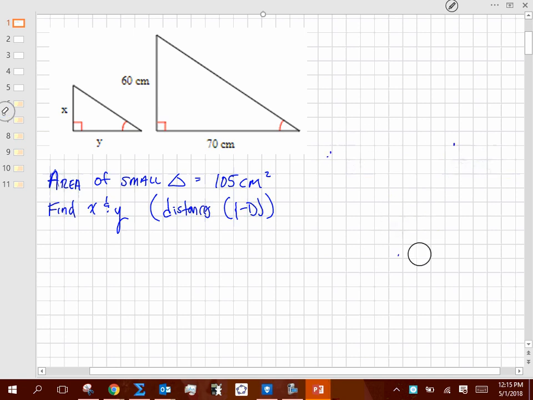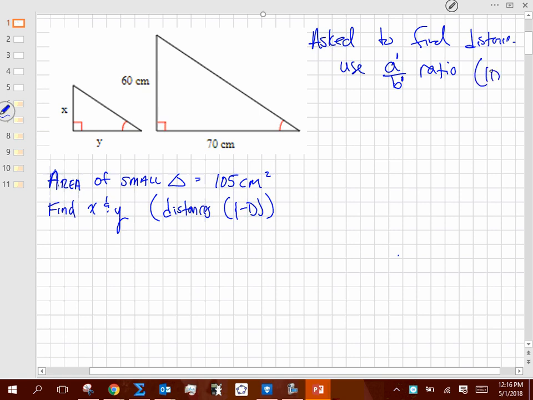Whenever you want to find a distance, okay, write this down. To find a distance, you use the A over B ratio. Okay? Because it's A to the first power, B to the first power. They're one-dimensional.